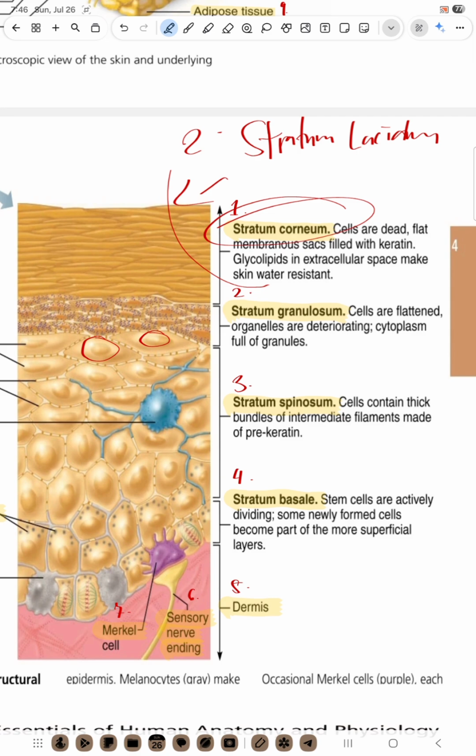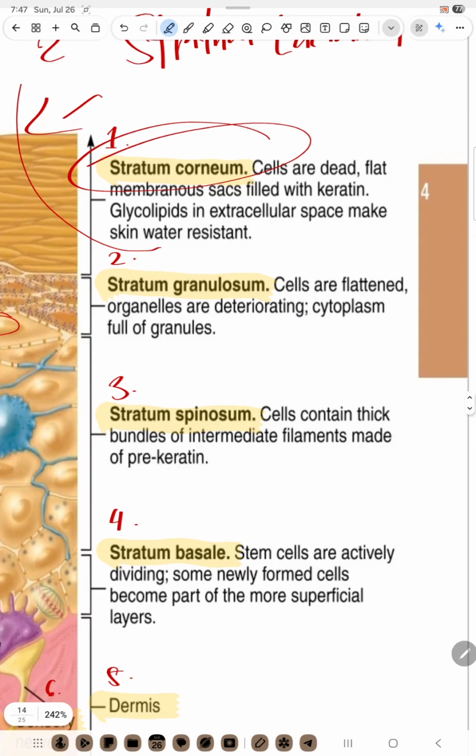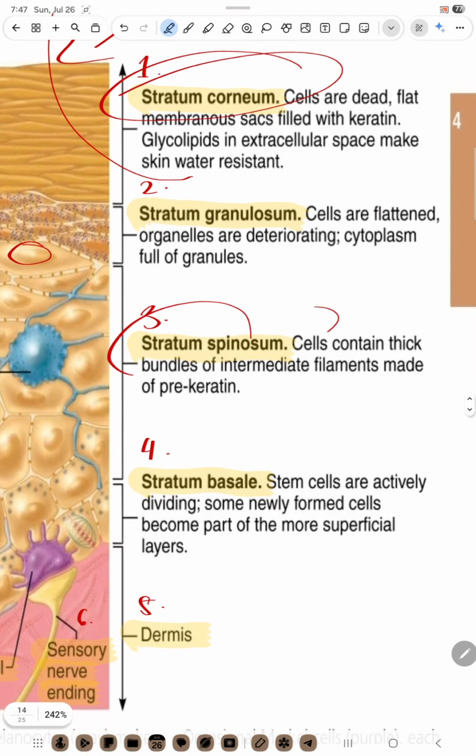On our skin, we have thin skin and thick skin. The stratum lucidum is in thick skin, so it is not present in all skin regions. Next, we have the stratum granulosum, stratum spinosum, and stratum basale. I will explain.